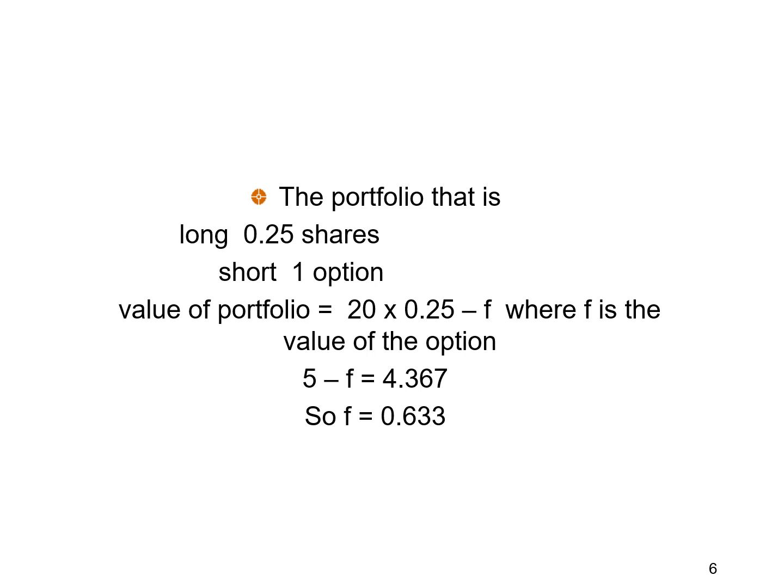So 20 times 0.25 is 5, minus F should be equal to 4.367, and this 4.367 comes from the previous slide where you calculated the present value of the option. So solving for F, this gives you a value of $0.633. So the value of the option today would be $0.633.